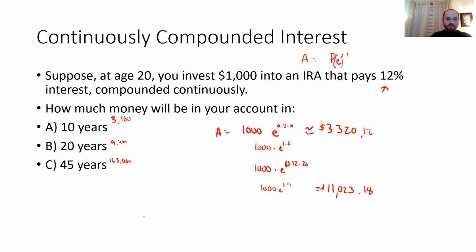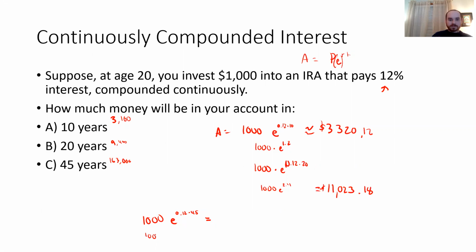And then for the last one, $1,000 invested when you're 20, when you retire at 65, magically compounded every second, is 1,000 times E raised to the 0.12 times 45. This time I'm going to let my calculator do that for me. 0.12 times 45. Okay, 5.4. You can actually plug it into a graphing calculator exactly like this, which is really nice.